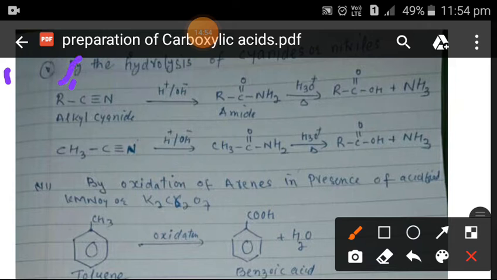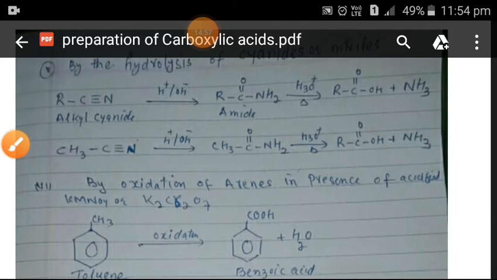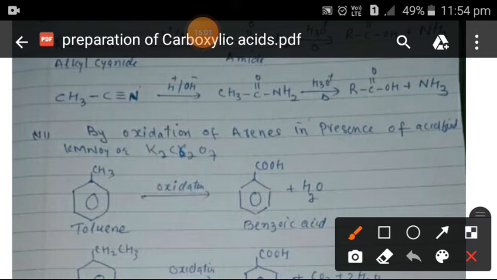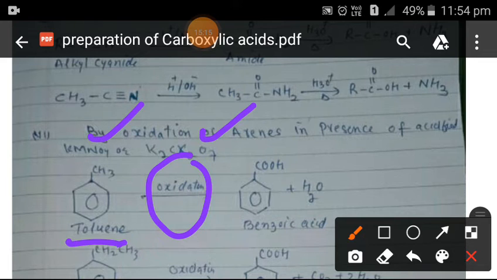Clear? So similarly we will take the second reaction, that is by oxidation of arenes in the presence of acidic KMnO4 or K2Cr2O7. Here we have taken the reactant toluene in the presence of oxidizing agents, for example potassium dichromate or KMnO4, and it gives benzoic acid and water is formed.